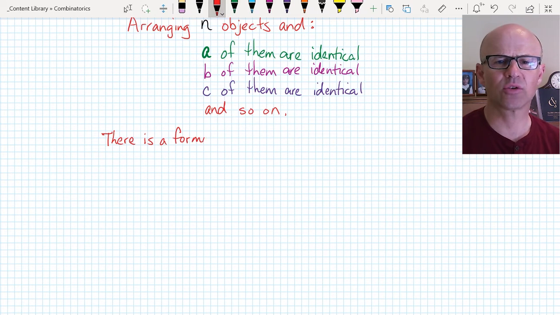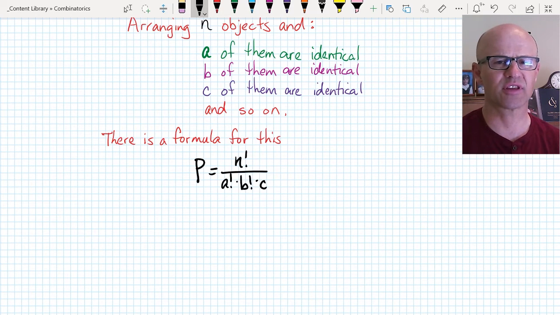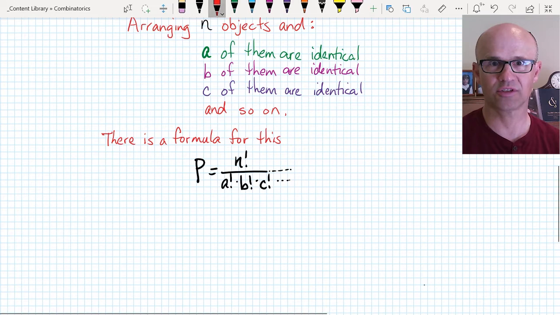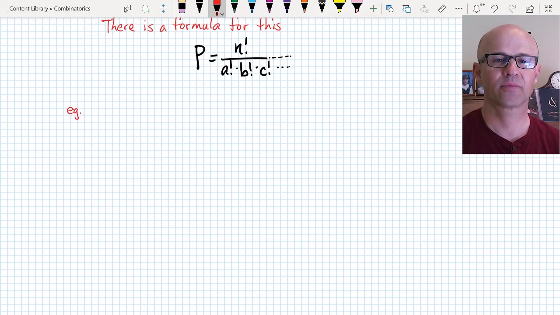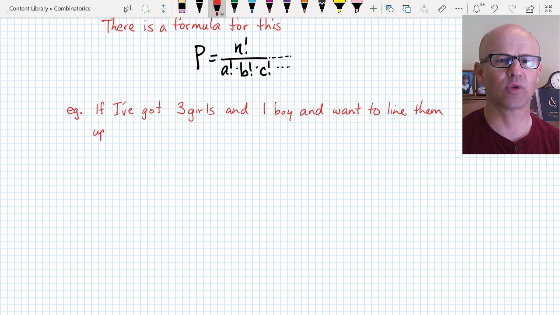So the way this is going to work is there's a little formula to deal with this. And I know some of you are getting tired of formulas. You're thinking this is like the Dark World from Thor. The formula states that I just take the number of objects, factorial, and divide it by each one of the smaller portions in a factorial method as well.